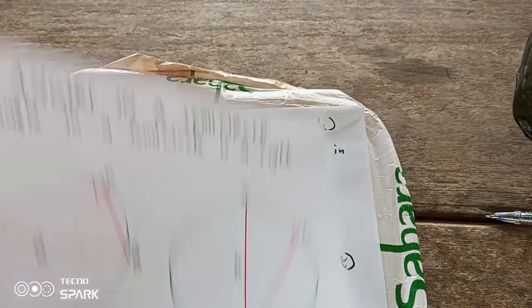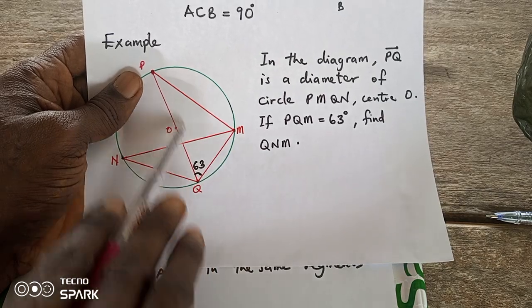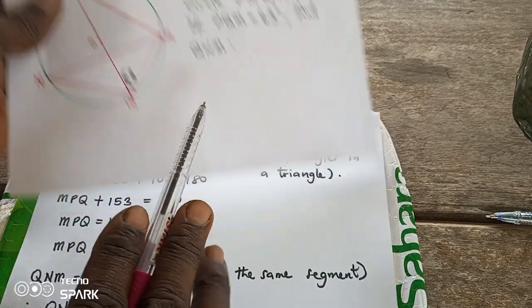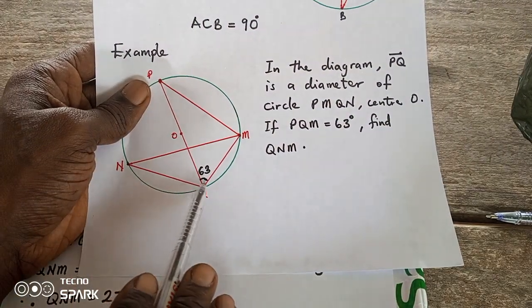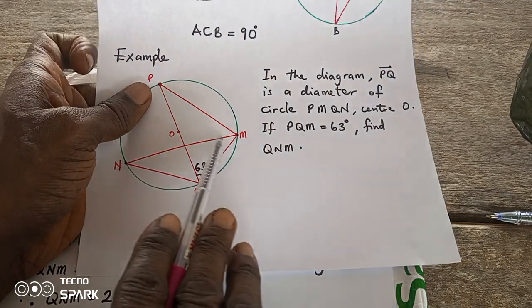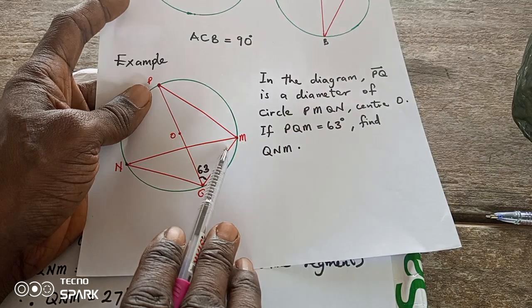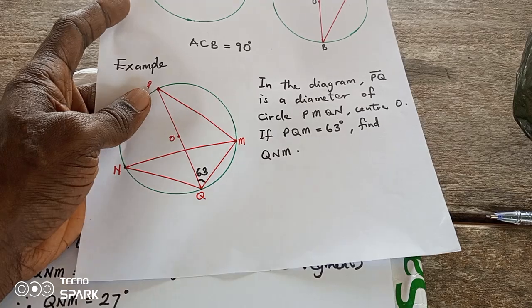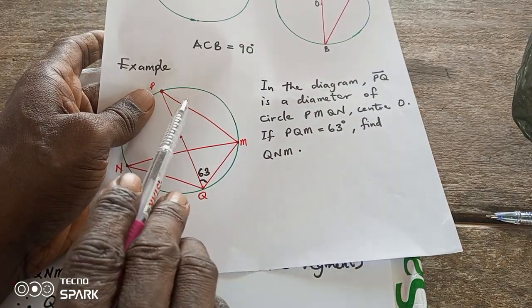Now if you consider this to be a triangle, angle MPQ plus the angle here plus this whole 90 should be equal to 180, because of the sum of angles in a triangle.